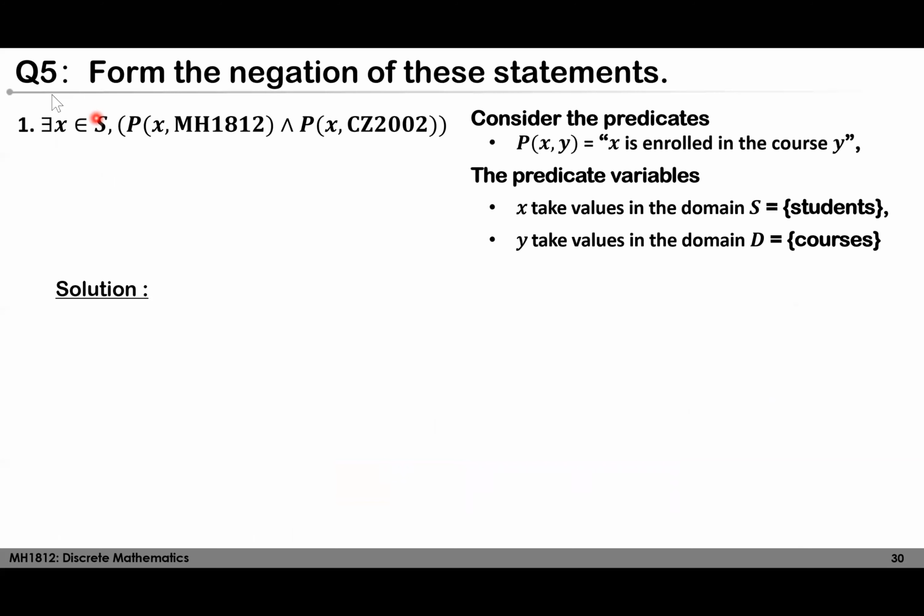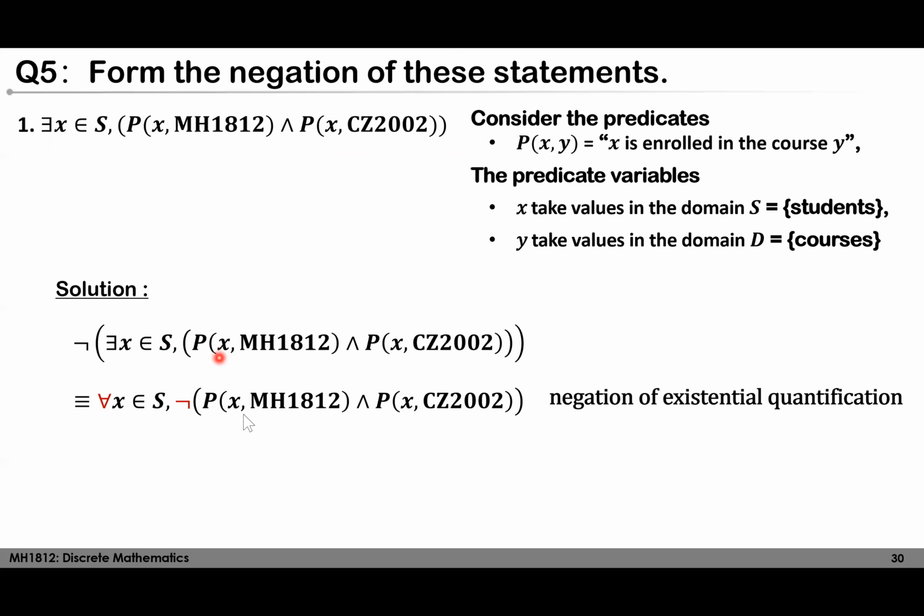So let's say question 5 is to form the negation of some statement. So in the first sub-question, the negation of this existential quantification. So we translate into universal quantification, and we take negation of this inside proposition.